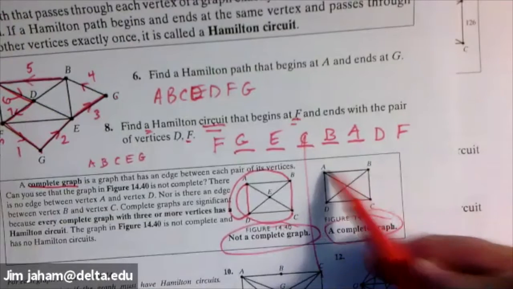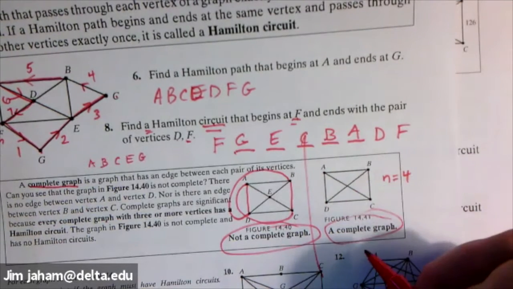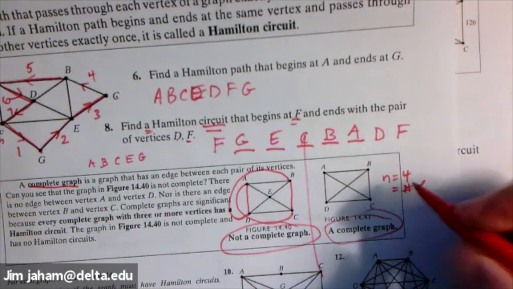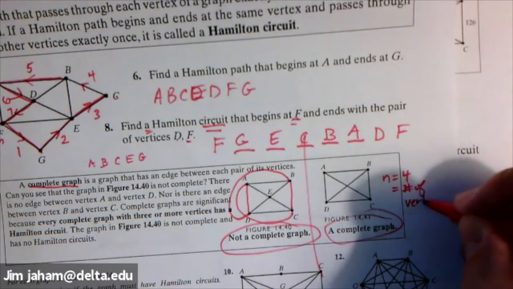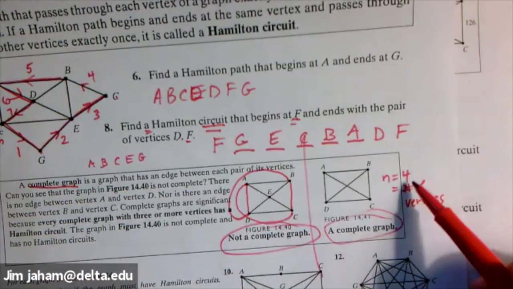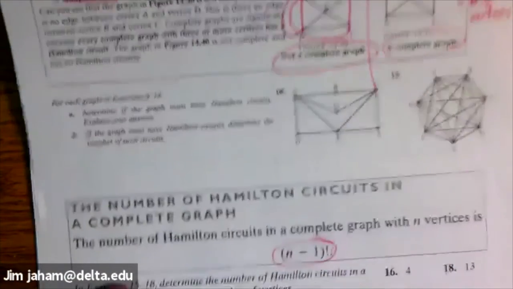All right, and they tell you the number of Hamilton circuits in a complete graph with n vertices. 1, 2, 3, 4. So n is equal to 4. n is equal to the number of vertices. What this theorem down here says is that if n is 4 in a graph like this, not only can you find a Hamilton circuit, but there's this many of them.